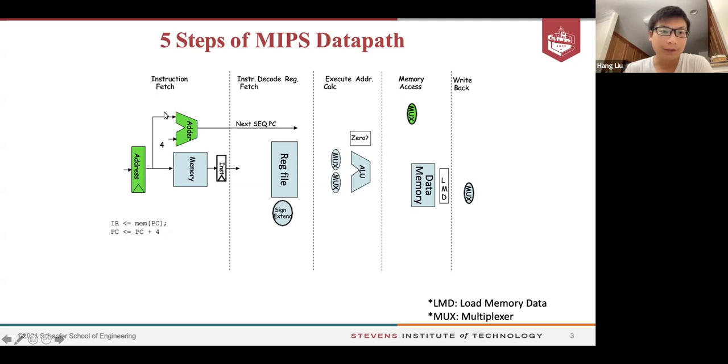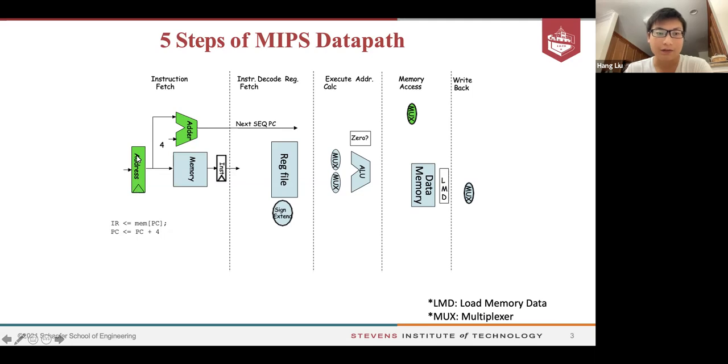The first step is instruction fetch. Instruction fetch means we fetch the instruction, right? When you execute the instruction, you have to fetch it. Like in the last lecture, we mentioned that in RISC-V you have a 32-bit bit stream of 0s and 1s. You have to fetch them, and once you fetch them, you basically get an address.